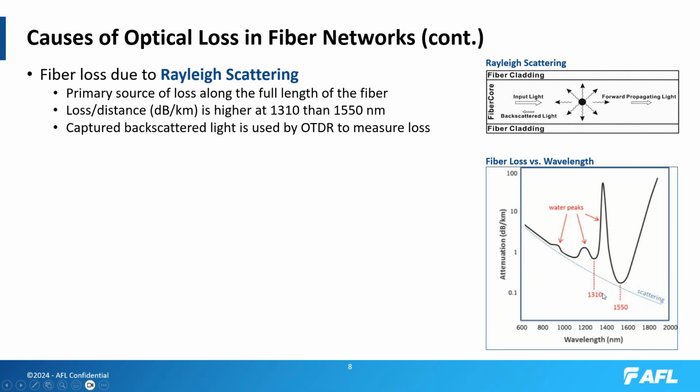As you can see in the graph in the lower right, there are some water peaks, and modern single mode fiber has been modified to reduce the loss due to water peaks. Captured backscatter light is used by the OTDR to measure loss.